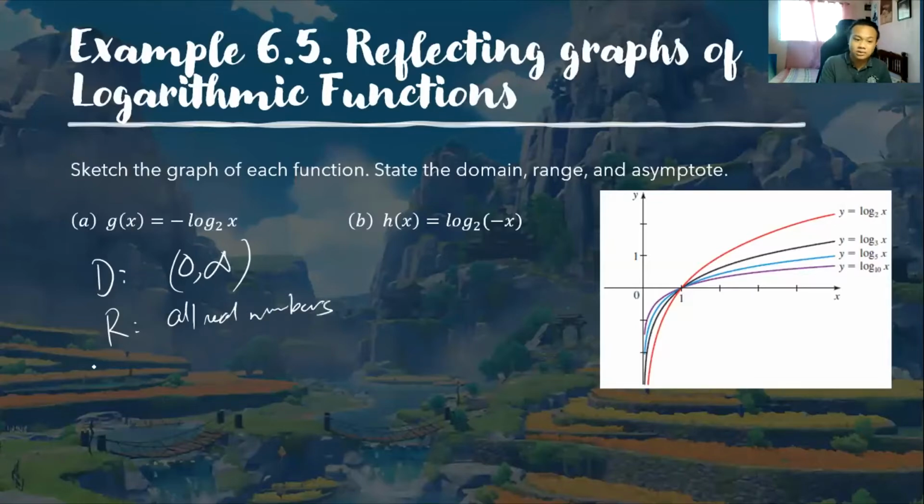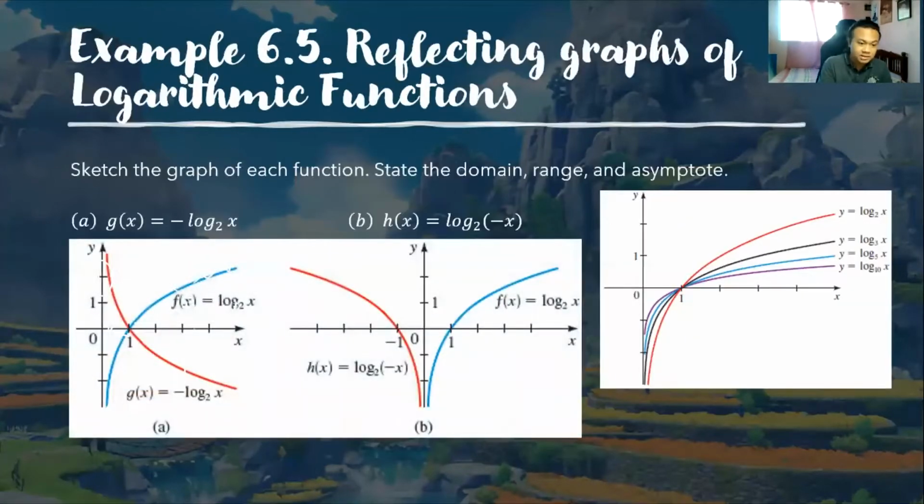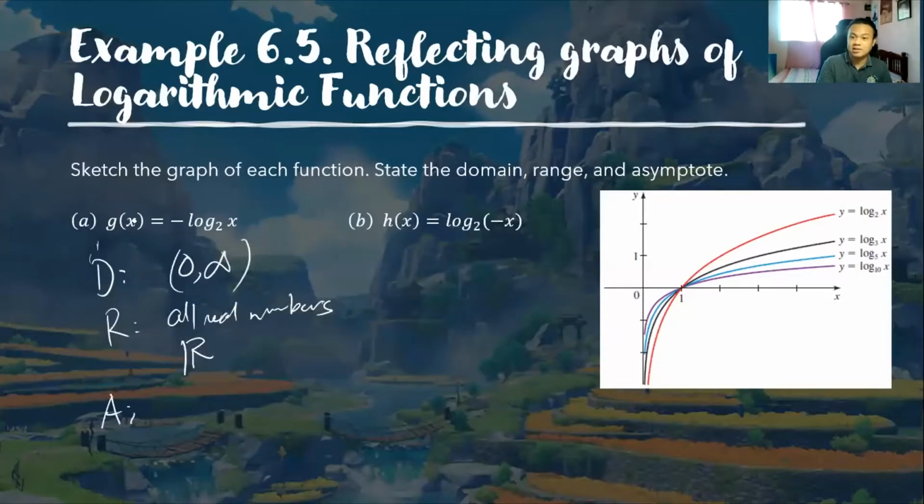What is our asymptote, based on this graph? The asymptote is the y-axis, which is x equal to 0.